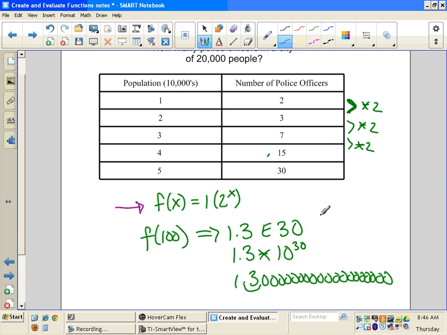But there has to be a point in this graph, if it's exponential, where maybe it just needs to even out, that we don't need more and more and more police officers, because we're going to run out of people. So there are times when functions can represent situations to a certain point, and then they no longer are good representations.